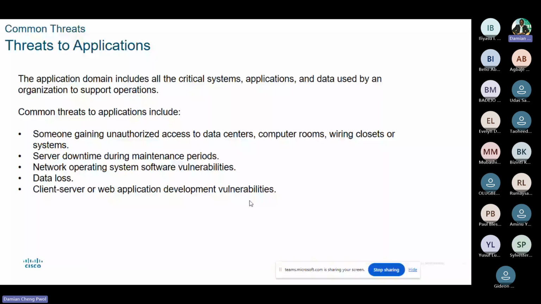Server downtime during maintenance periods. Common threats to applications, like this server downtime. Amazon Web Services, Microsoft Azure, DigitalOcean, Heroku, all these guys have a way whereby if they want to run maintenance, they have a kind of redundant system.